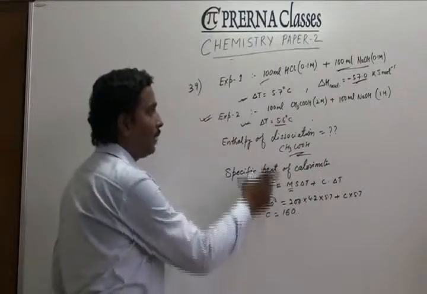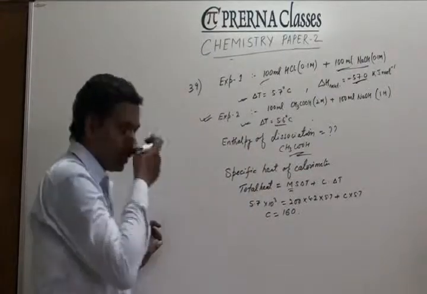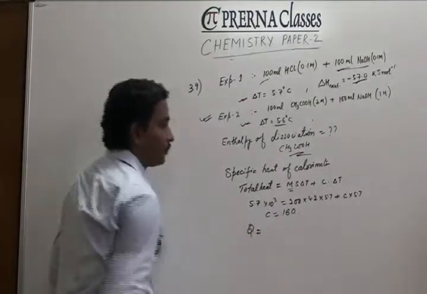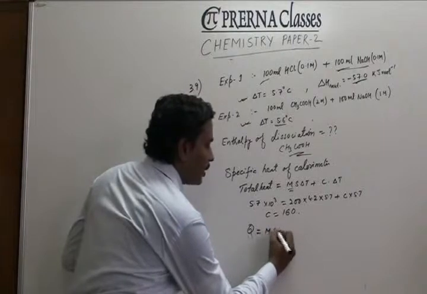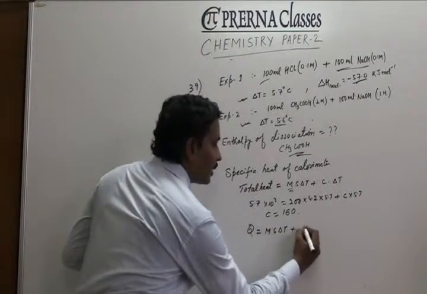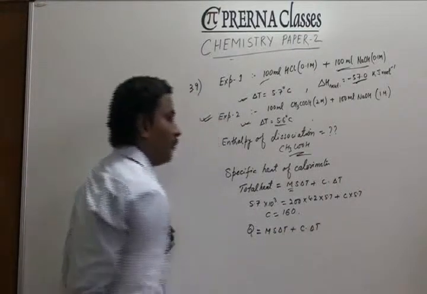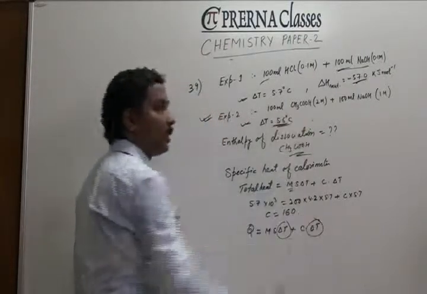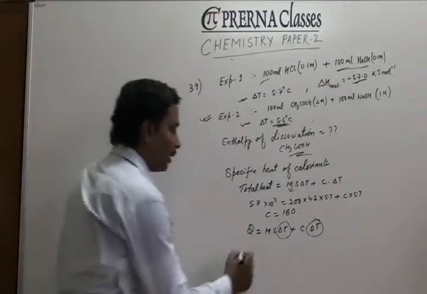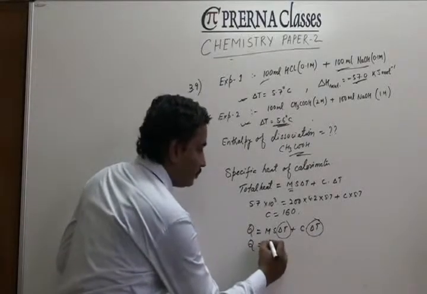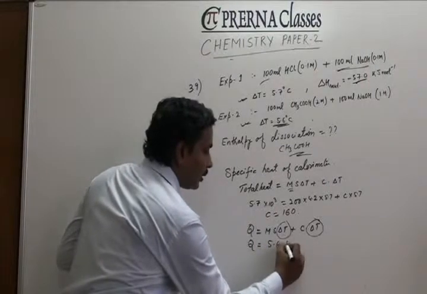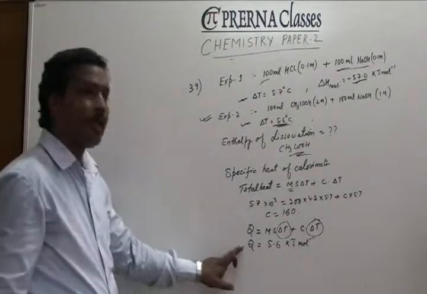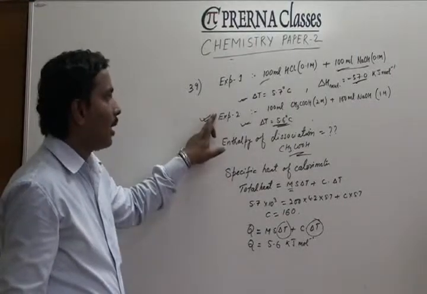Using this value, we can also find the total heat. So total heat Q is equal to m s del T plus C into del T, where del T in this case is 5.6. Putting this value, we will get Q is equal to 5.6 kilojoule. It is for 0.1 mole of acetic acid.